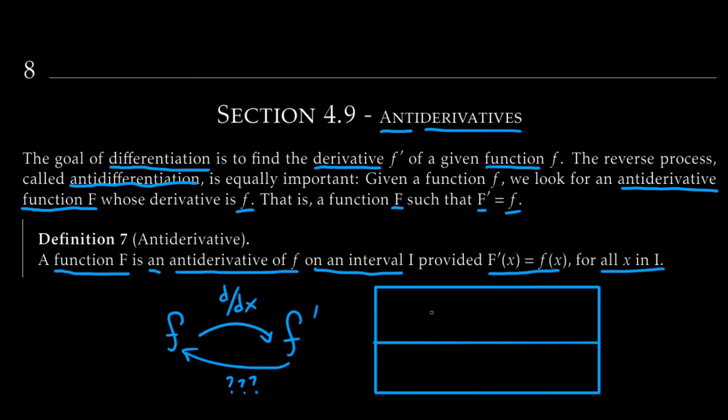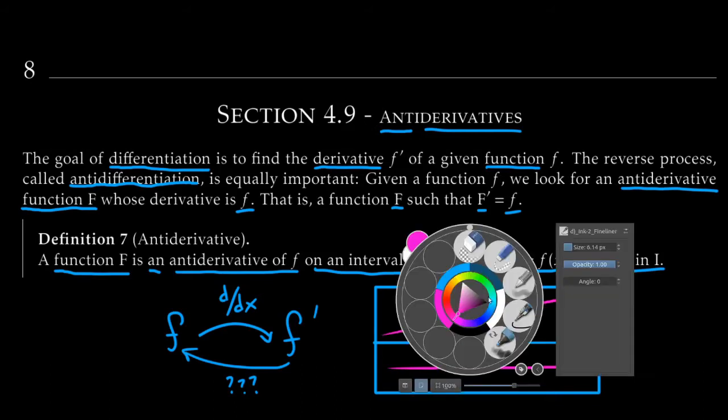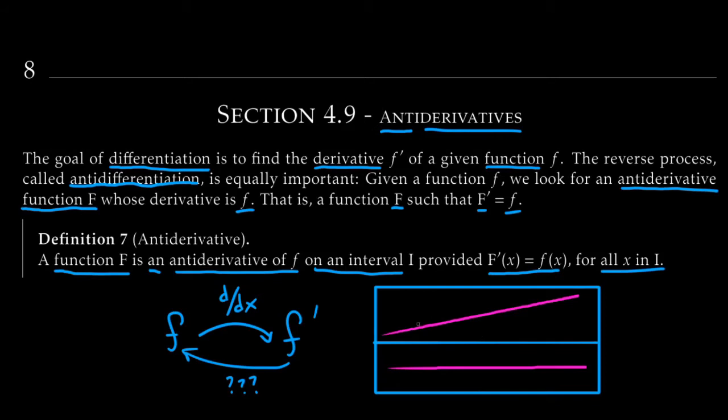Maybe you've got a function and it looks like a nice line. Then the derivative is just flat, right? The derivative of this function would just be flat, with a value of the slope of that line.